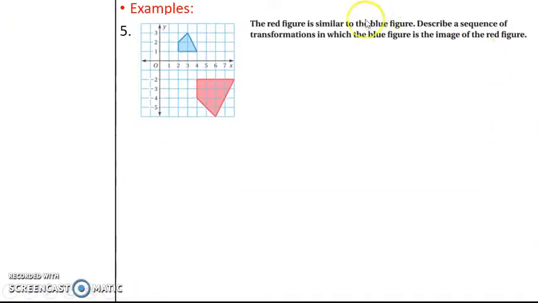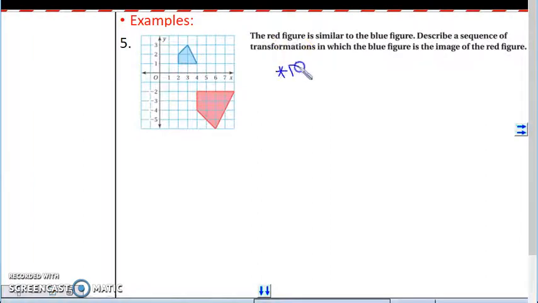All right, the red figure is similar to the blue figure. Okay, same shape, different sizes. Describe the sequence of transformations in which the blue figure is an image of the red figure. First of all, there's going to have to be a dilation because it gets smaller.